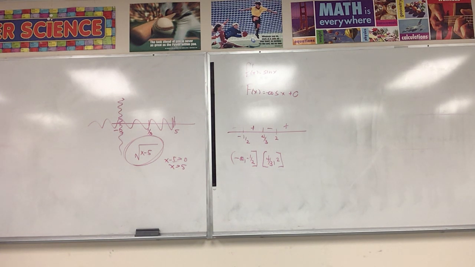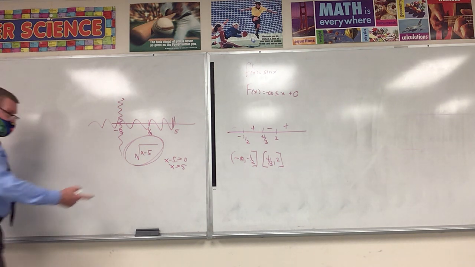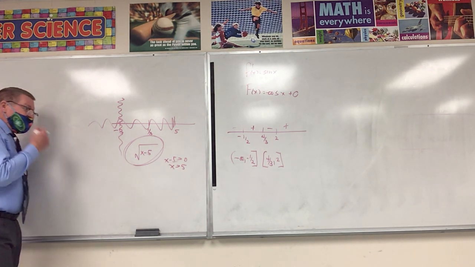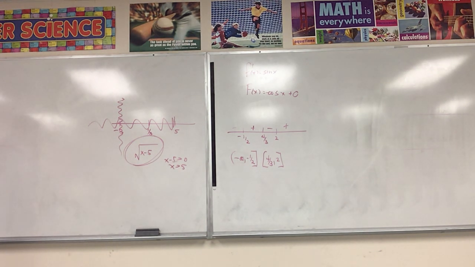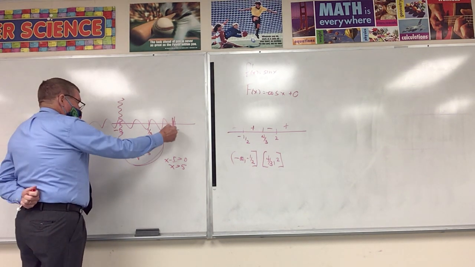No. So the numbers I'm allowed to use have to be greater than 0, just like back when we talked about domains. When I solve x minus 5 greater than 0, x must be greater than 5. So I can't use anything less than 5.